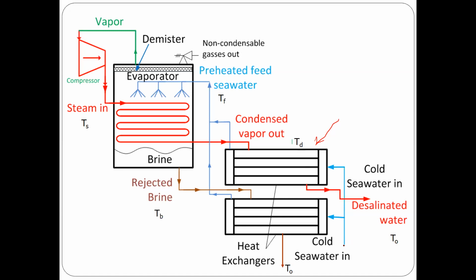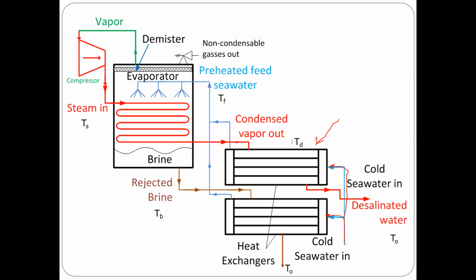This is the seawater coming from the sea that is being divided. Part of it will get into one heat exchanger, and the rest goes to another heat exchanger. In that heat exchanger, we make use of the rejected brine to give energy to the cold seawater so that we preheat it.